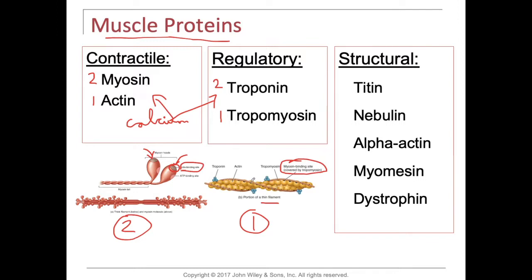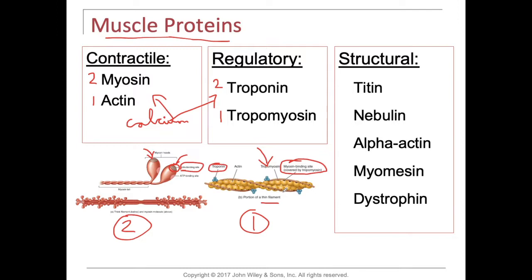These are these little black circles that we see partially. We see it partially because there is a regulatory protein called tropomyosin that's covering it. And then we have this protein here called troponin, these blue staples, and that's what I want you to think of them as. Troponin are these staples that are holding the string, which is tropomyosin.